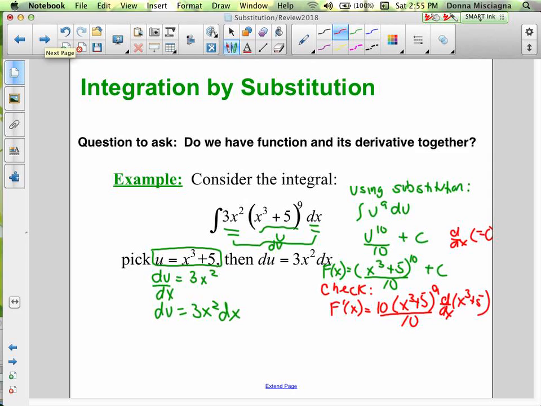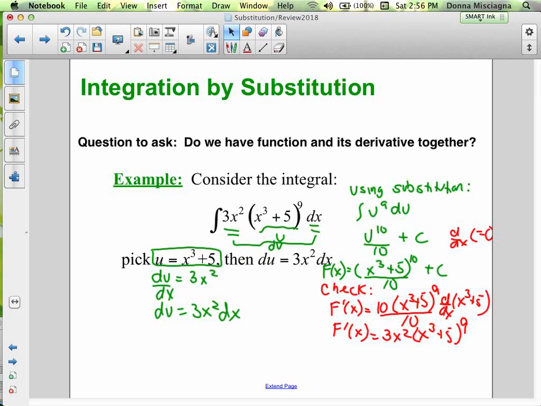So now we would reduce. The 10s would cancel. And the derivative of x cubed plus 5, I'm going to put that in the front, would be 3x squared. So we have 3x squared times (x cubed plus 5) to the 9th power. And see, now you can see, right? We did this correctly.